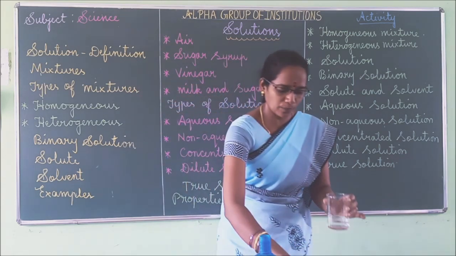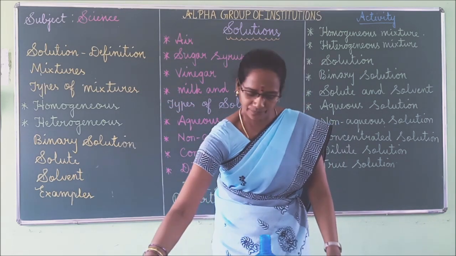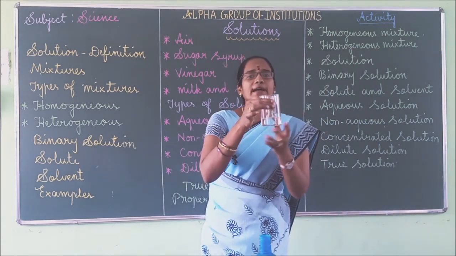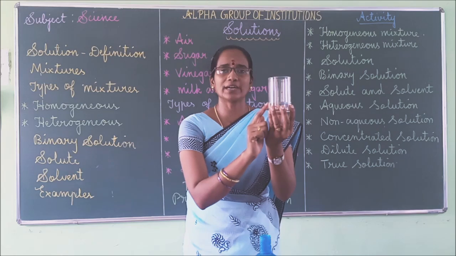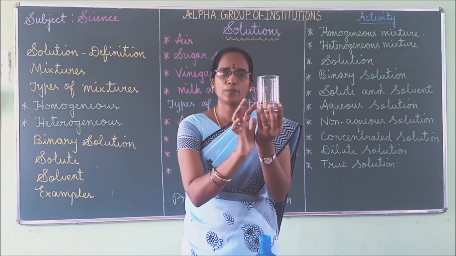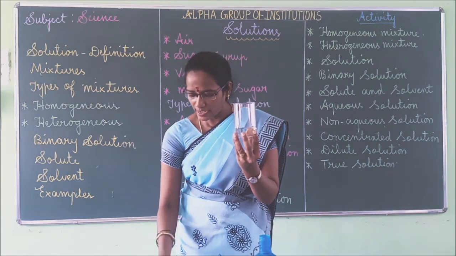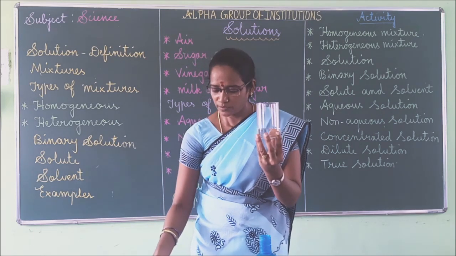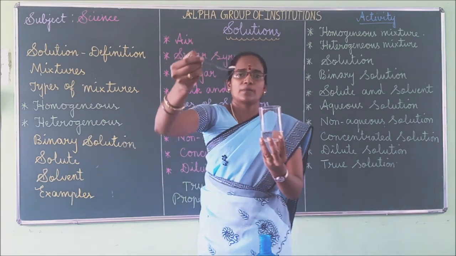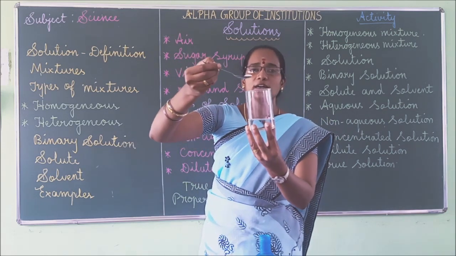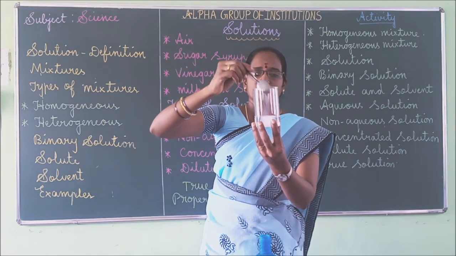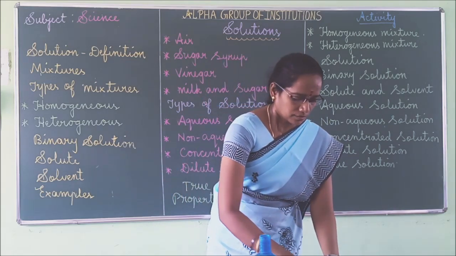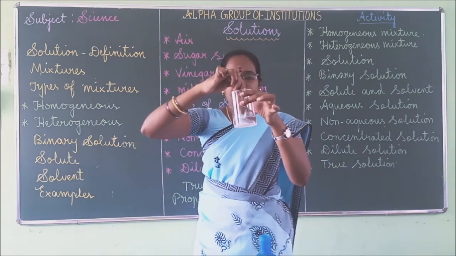Now what I am going to do is add some salt into the first tumbler. I am going to add some common salt which we use at home. I am adding common salt into the water, and mix it well.